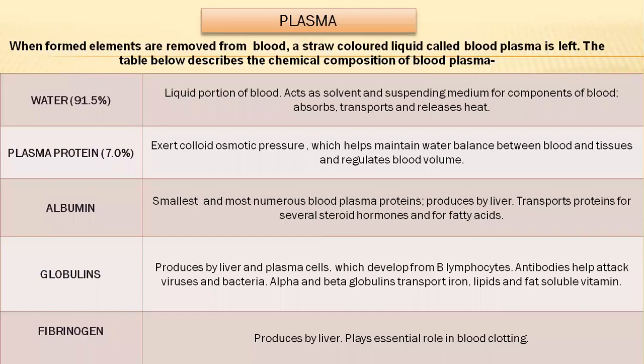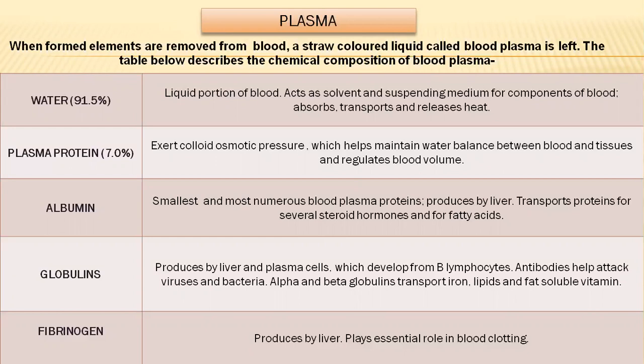Then you have alpha and beta globulins that will also function as a transport mechanism for iron. They can also transport lipids and fat soluble vitamins. So globulins can also function as a way in which other substances can be transported within the blood.